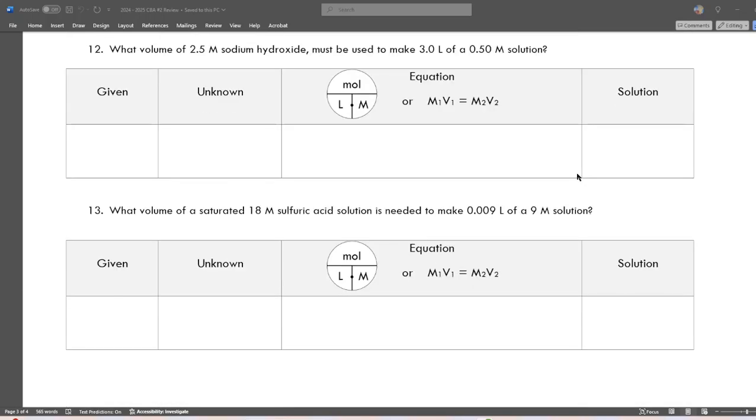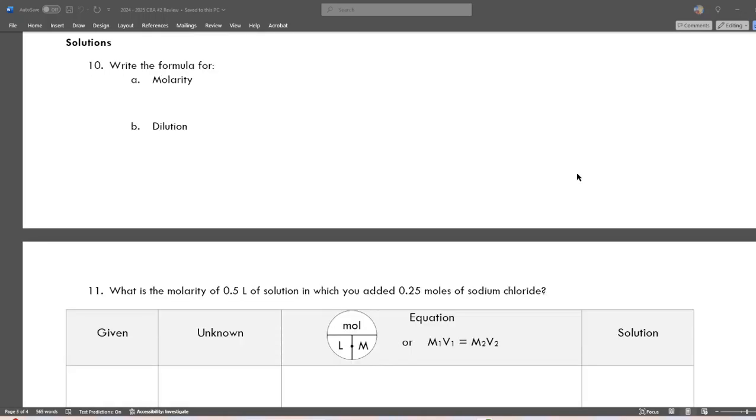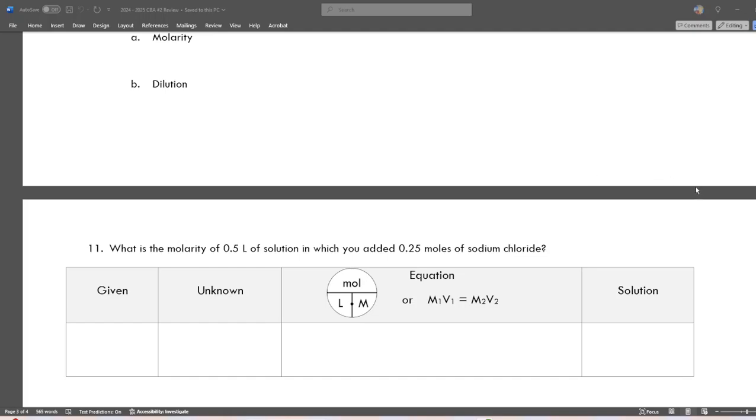All right, and finally, it's what we learned just the last time that I saw you. Write the formula for molarity, write the formula for dilution. Molarity, don't forget, molarity is big M, and big M is equal to moles of solute over, please don't forget this, liters of solution, not anything else.